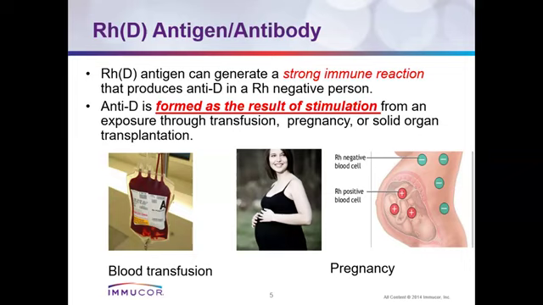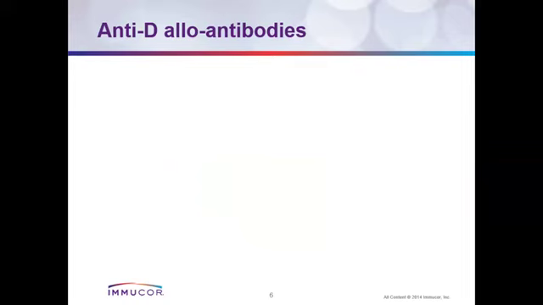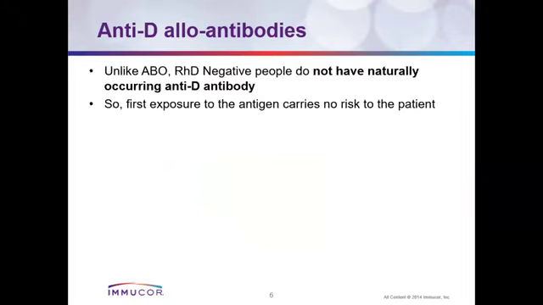So there are basically three ways you can produce this strong immune reaction. It is either through blood transfusion, pregnancy, or when you're doing organ transplantation. So unlike the ABO blood group system, rhesus D negative people do not have naturally occurring anti-D antibody.